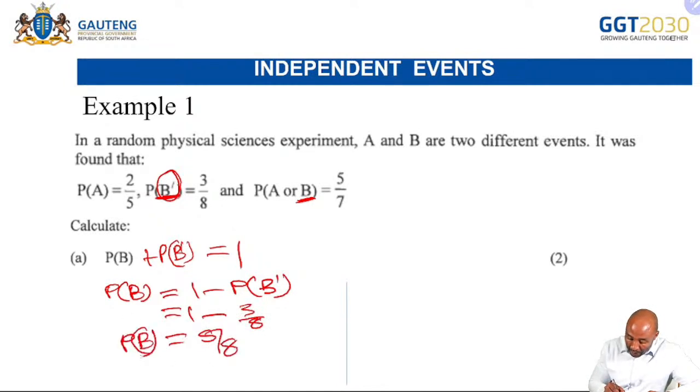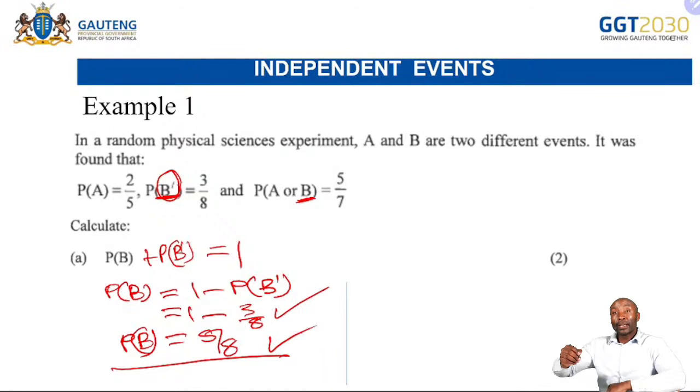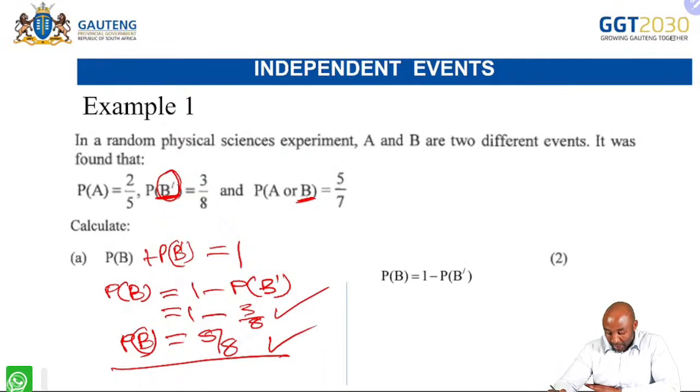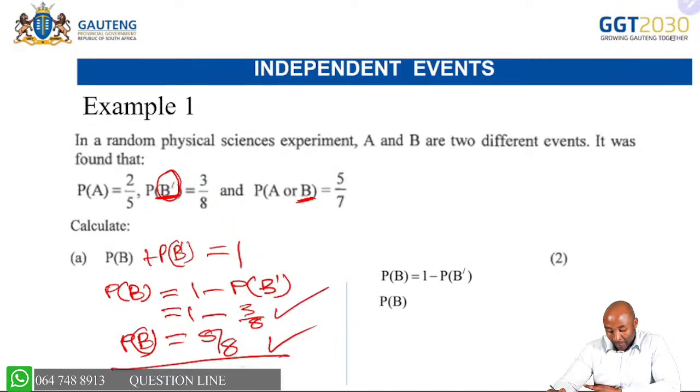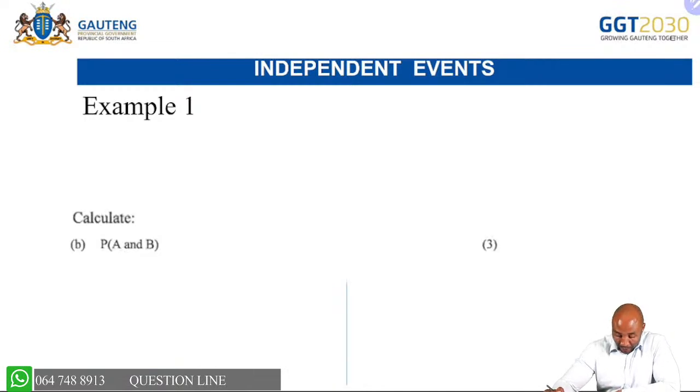That is the probability of B. So we will get a mark for the method and a mark for the answer, and we get our 2 marks there. We move on to the next one. So the typed one looks like that. We will move to the second one.